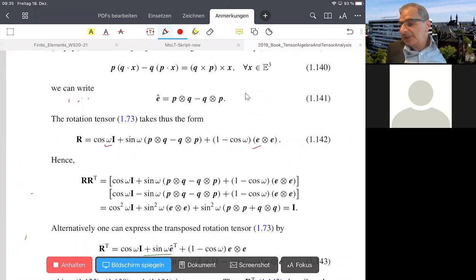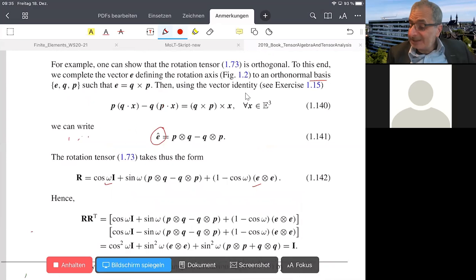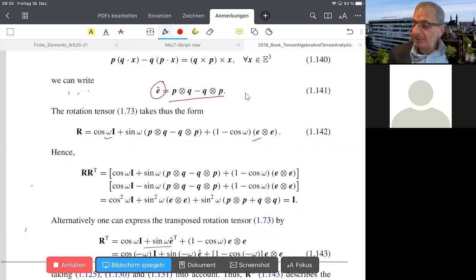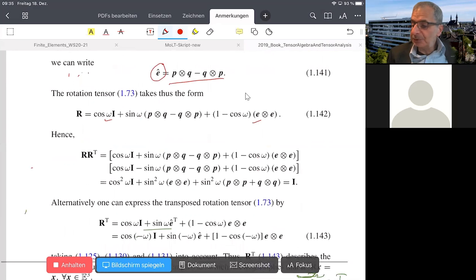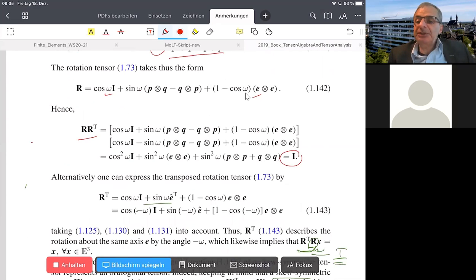And then simply using this representation for this tensor E hat, right, in terms of two other orthonormal vectors P and Q, such that these three vectors form an orthonormal basis, we simply mathematically compose the tensors I and R transpose and show that the result is the identity tensor, which means that R is an orthogonal one.